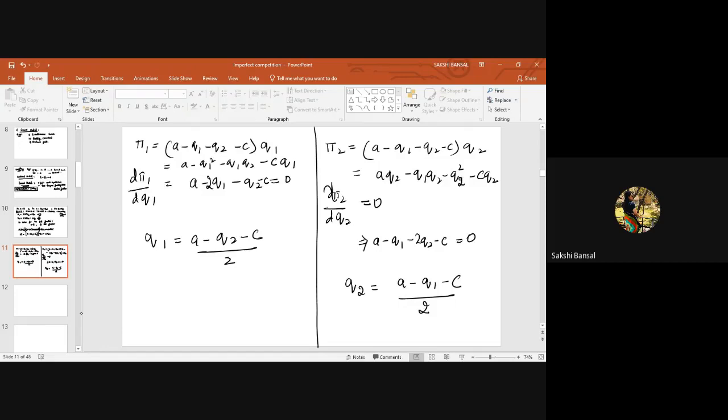I have to keep certain things as given: I know what the other firm is producing, and accordingly I will produce. Otherwise I cannot serve the market. This is a basic fundamental. When I am going to enter the market, I need to observe a few things. Can you give me any example of the Cournot model?